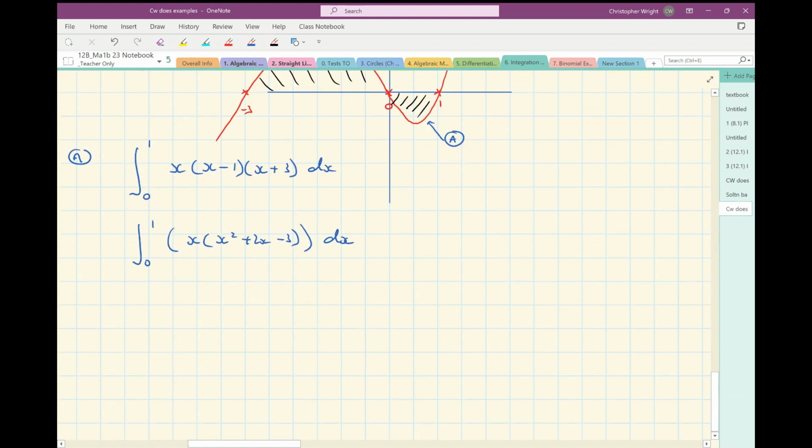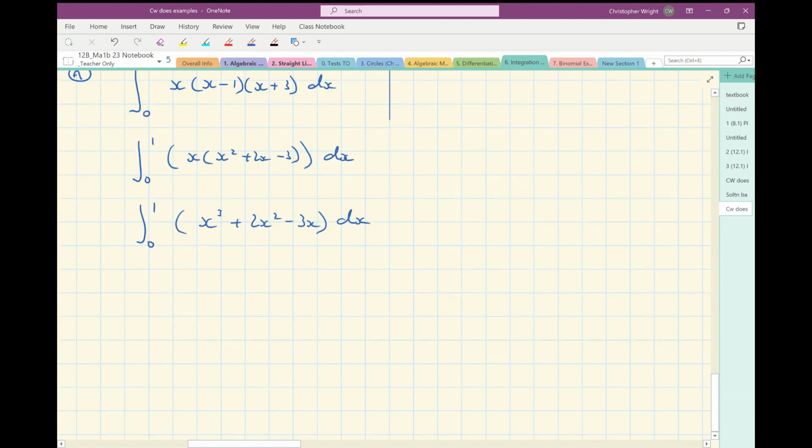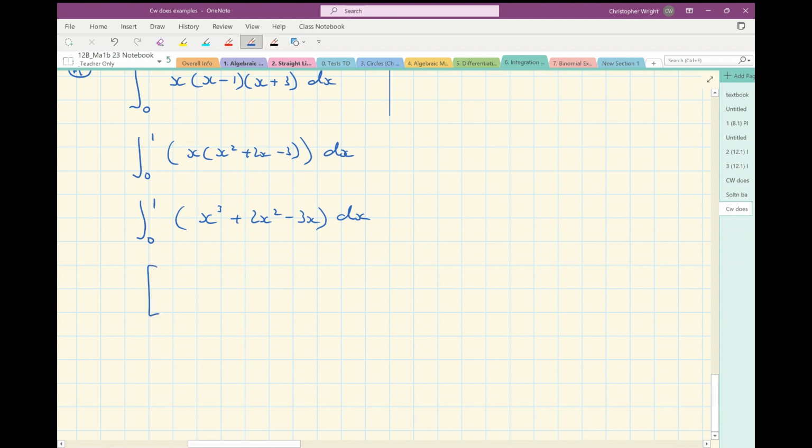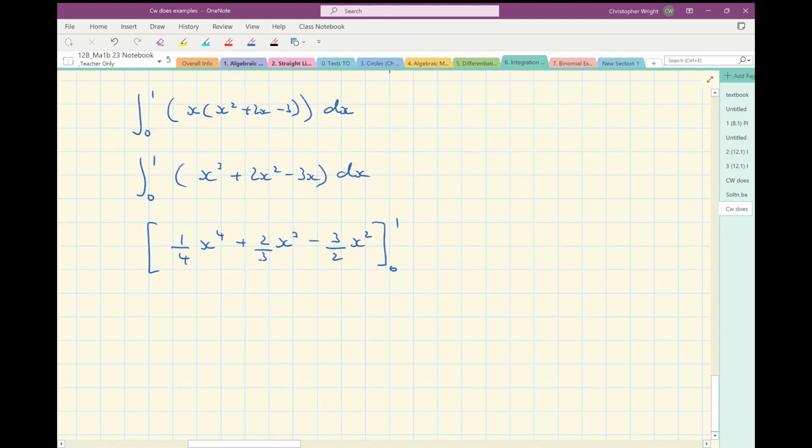And now let's continue that process. So what I've got here is x cubed plus 2x squared minus 3x. So that is what I'm going to integrate now. So that's a quarter x to the power of 4 plus 2/3 x cubed minus 3 over 2 x squared. I don't need to worry about the constant term, and I'm evaluating that between the values of 0 and 1.